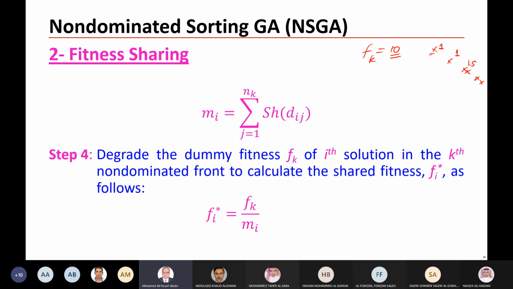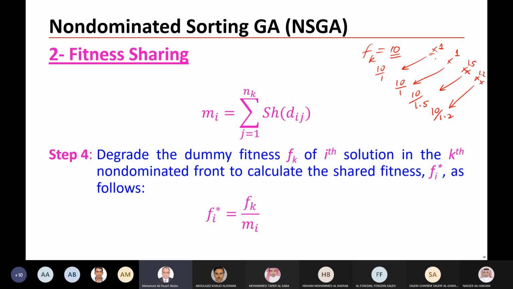So this becomes 1.5, and this one becomes 1.2. So you divide 10 for this solution, 10 over 1. For this solution, 10 over 1. For these solutions, 10 over 1.5. For this solution, 10 over 1.2.